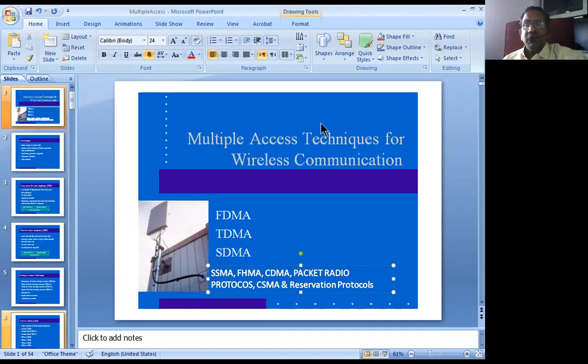In that case, the base station uses multiple access techniques, and inside the mobile unit, FDD or TDD, frequency division duplexing and time division duplexing, are implemented. Accordingly, we have an appropriate kind of multiple access technique.